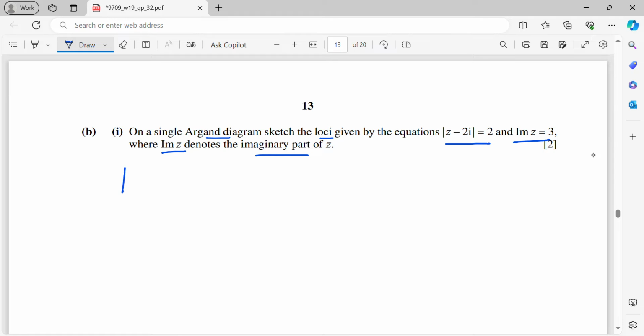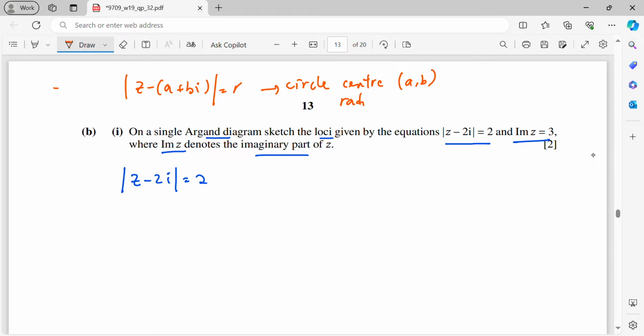Okay, now first of all, change this to a general form. The general form is basically modulus z minus (a plus bi) equals r, and this represents a circle with center (a, b), radius r.